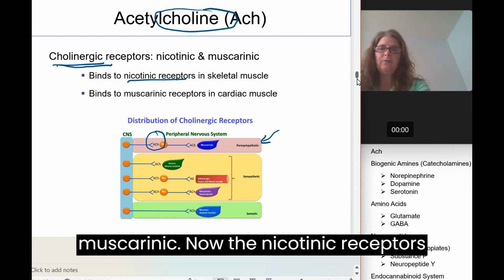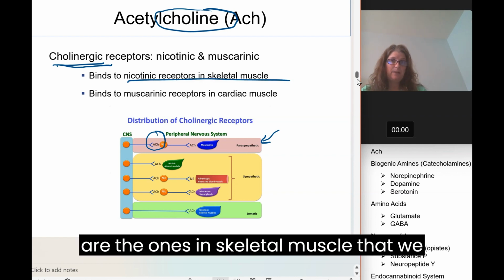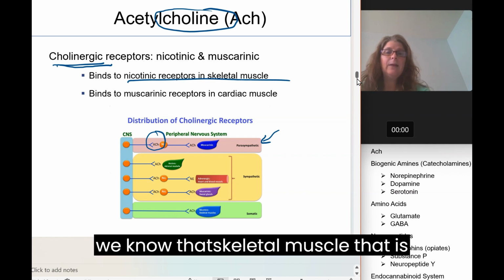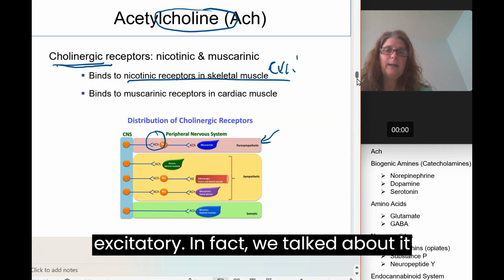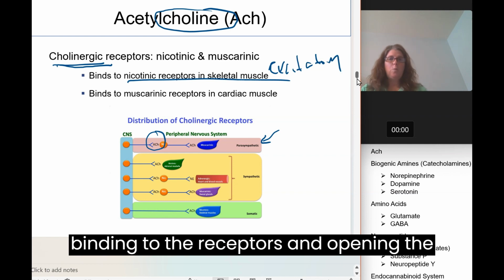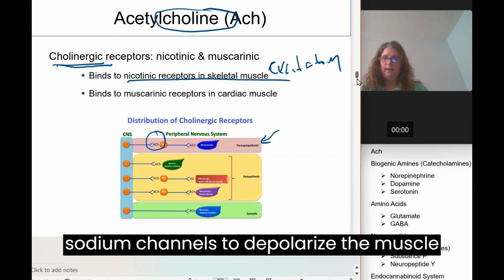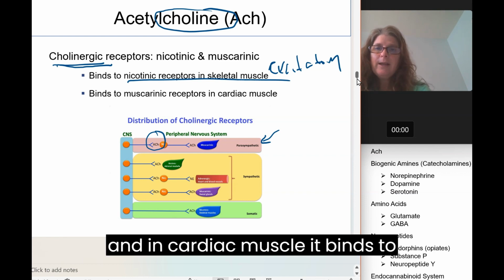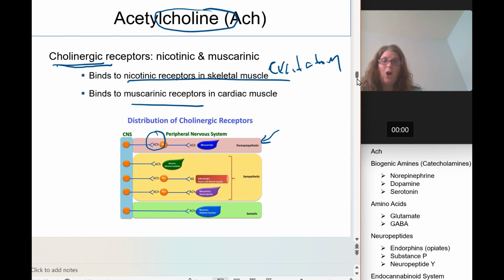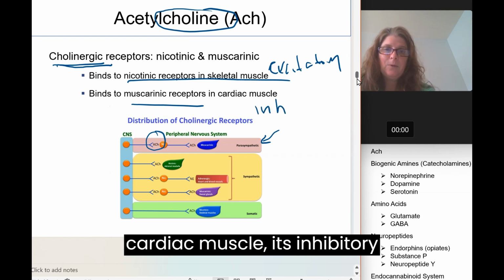Now, the nicotinic receptors are the ones in skeletal muscle that we saw at the neuromuscular junction. And we know that in skeletal muscle that it's excitatory. In fact, we talked about it binding to the receptors and opening the sodium channels to depolarize the muscle. In cardiac muscle, it binds to muscarinic receptors. And in cardiac muscle, it's inhibitory.